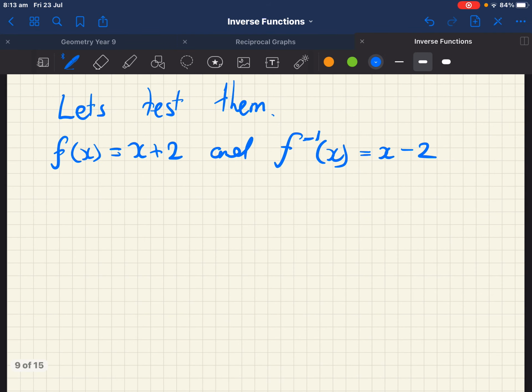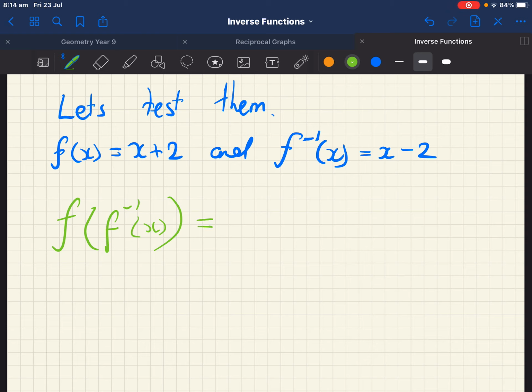They're like opposite functions. Let's actually test them to make sure they actually are inverse functions. So let's work out, what is f of f inverse of x? Let's find that composite. Do these two functions actually undo each other?